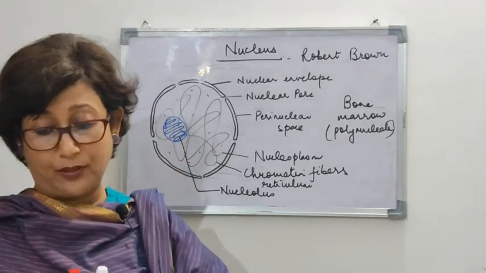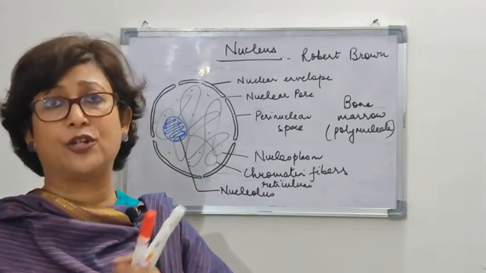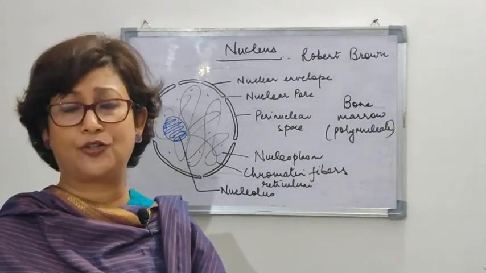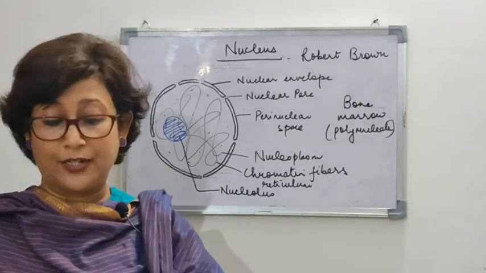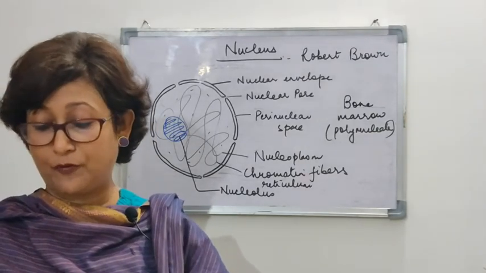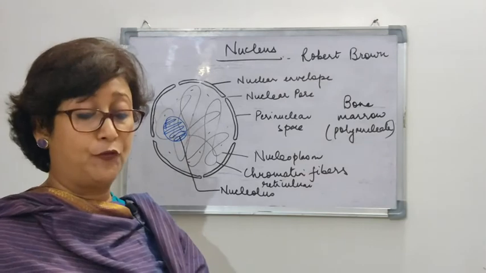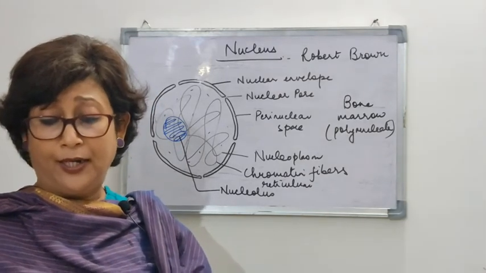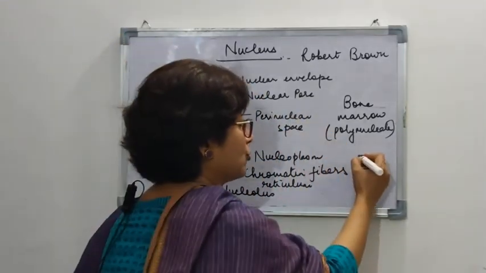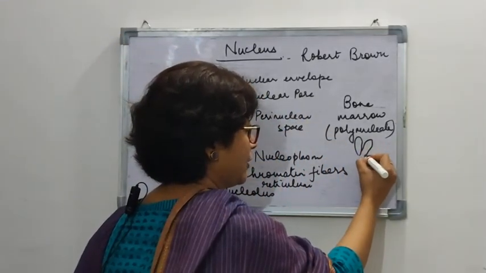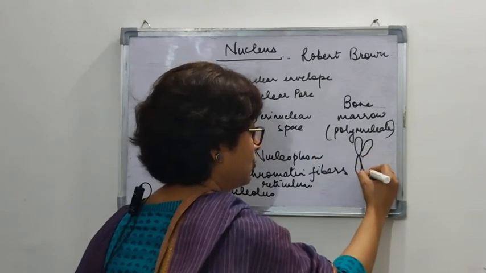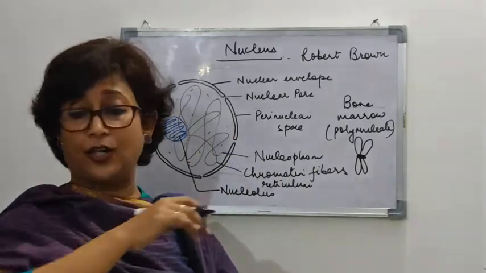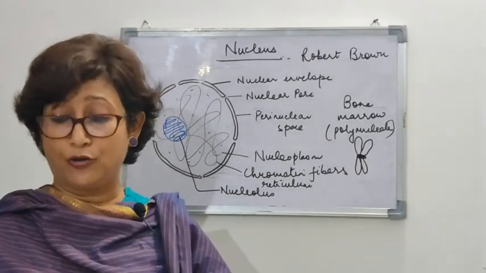The detailed DNA structure you will study in class 12, and we'll just very quickly go through the structure of the chromosome, right? You will follow it in your books also. If we look at a chromosome, basically this is the structure of a chromosome, and we find a spherical structure attached to the chromosome, right?